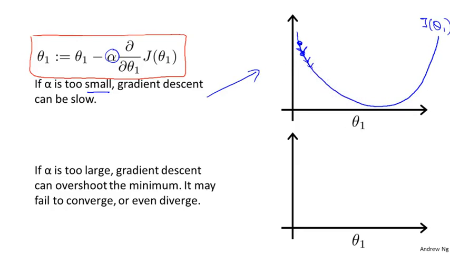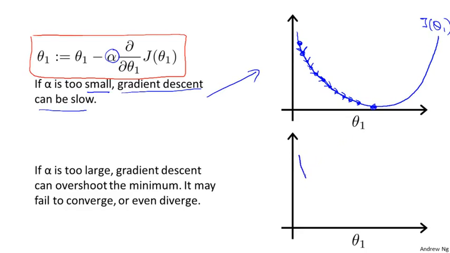If my learning rate is too small, I'm going to take these tiny baby steps to try to get to the minimum, and I'm going to need a lot of steps. So if alpha is too small, gradient descent can be slow, because it needs a lot of steps before it gets anywhere close to the global minimum. Now, how about if alpha is too large?